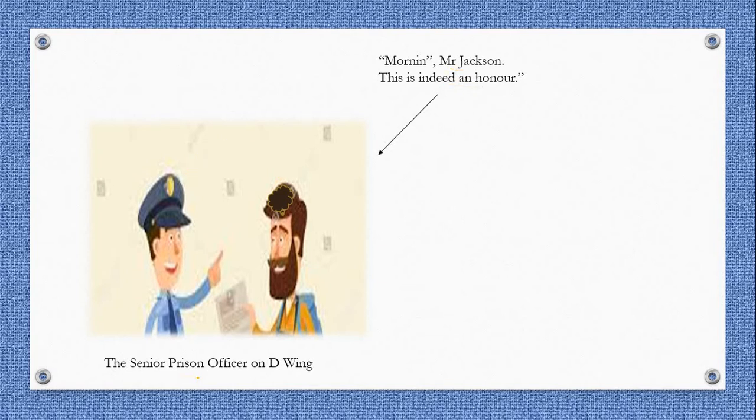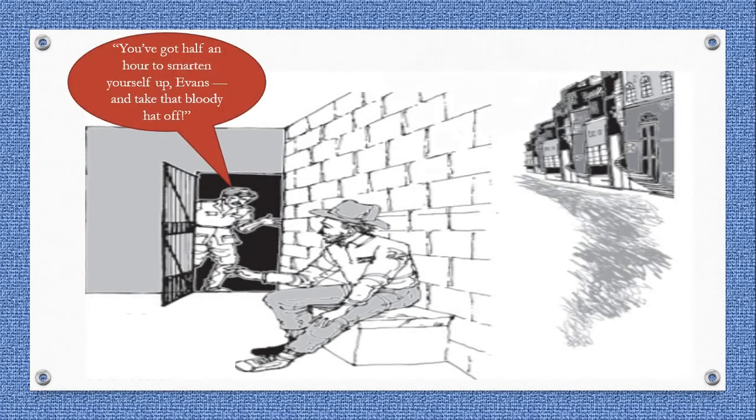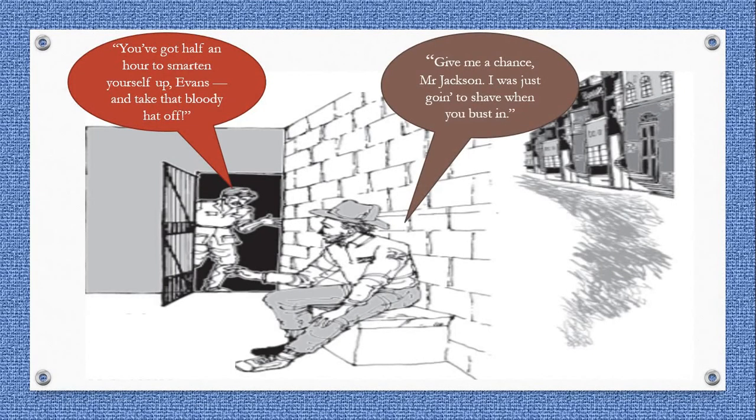Any weapon that could have been hidden. When he was checking the same, Evans was staring at him. Evans knew that it won't be easy for him to escape from the prison.